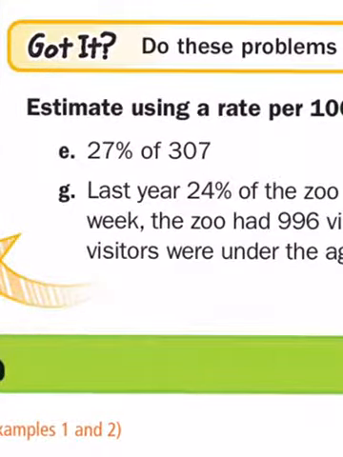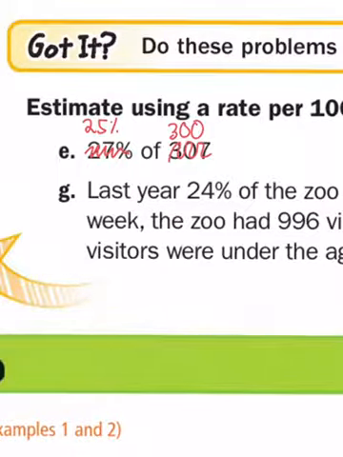So let's look at problem E, 27% of 307. So for this one, what I'm going to do is change 307 to 300. Now, I'm going to change 27% to 25%, and the only reason is because it's easier to multiply 25. Because think of quarters. 25, 50, 75, 100. You're used to counting quarters.